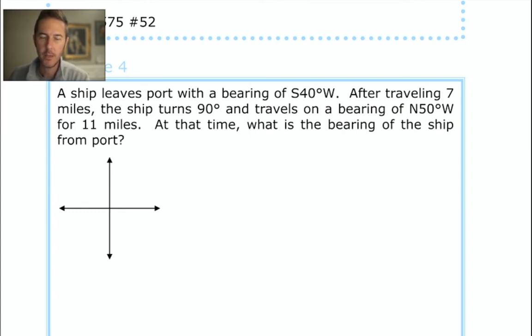And the real challenge to this problem is determining whether or not the ship ends up in the second or third quadrant. So if you do this problem correctly and you draw your diagram with some pretty decent amount of accuracy, you should end up with a bit of a question mark of whether or not your ship is going to end up in the second or third quadrant.